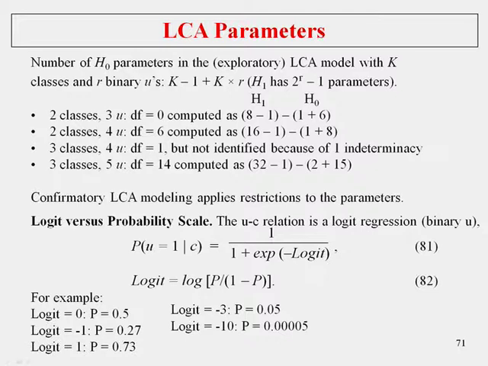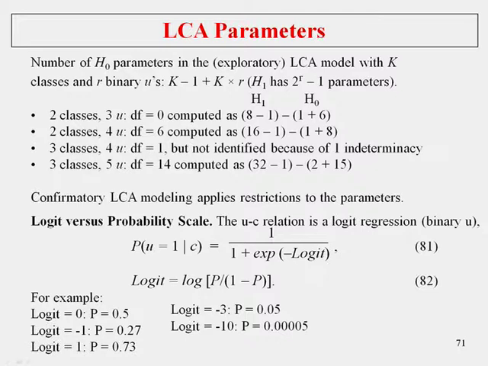Now, H1, on the other hand, in line with structural equation modeling, is the unrestricted model, not the LCA model, but an unrestricted model. And the unrestricted counterpart here for categorical outcomes is the so-called multinomial distribution. So, for instance, if you have two variables that are binary, you have a 2-by-2 table, so it has 4 cells.